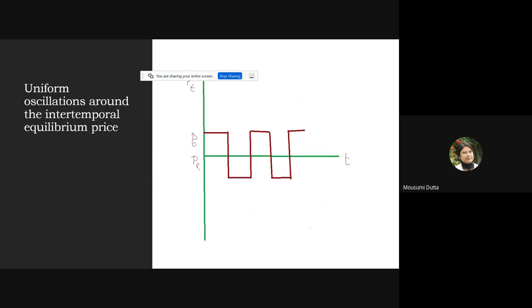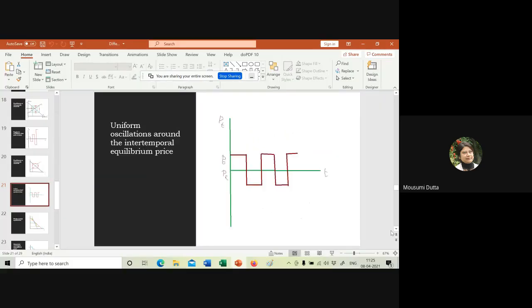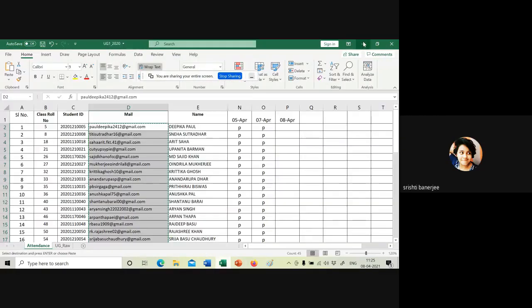You will get the equations there, so start solving those equations. In the meantime, I'll check your 3D. So everything is fine for all of you? Yes, ma'am.